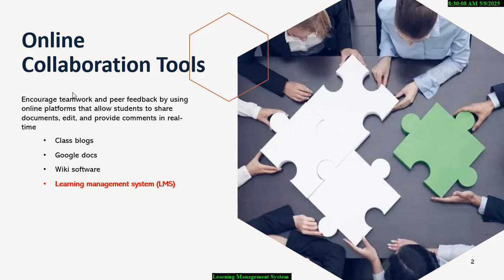We have a long list of online collaboration tools, but on this occasion we only exemplify four of them. The first one is class blogs, and then Google Docs, Wiki software, and our topic, the learning management system.